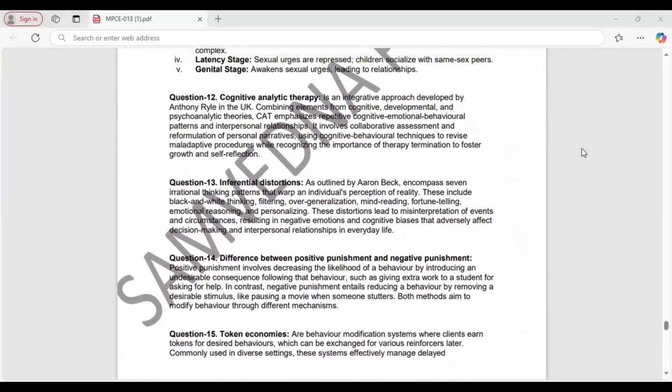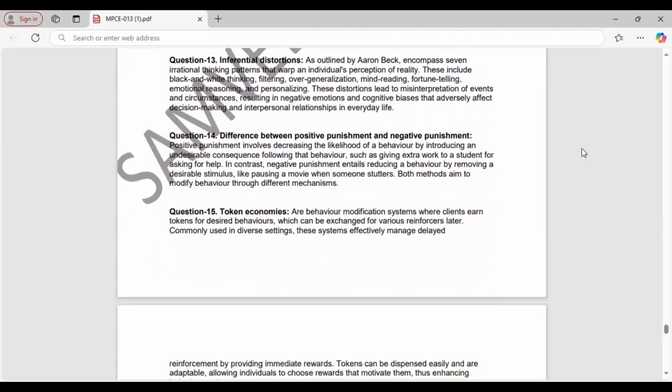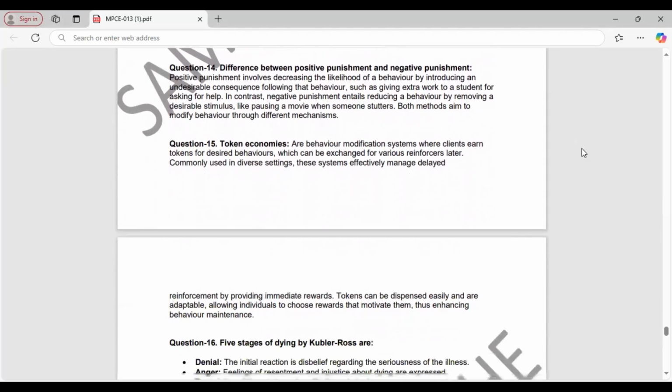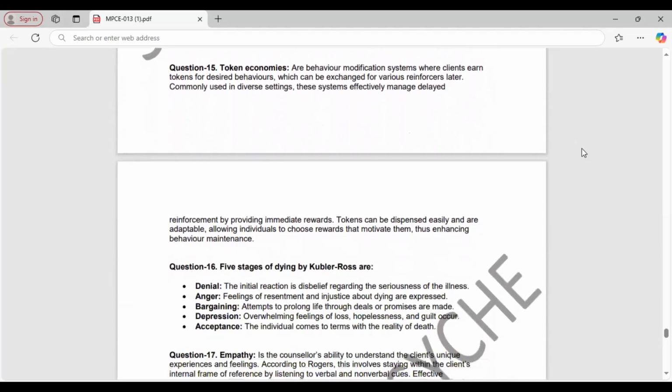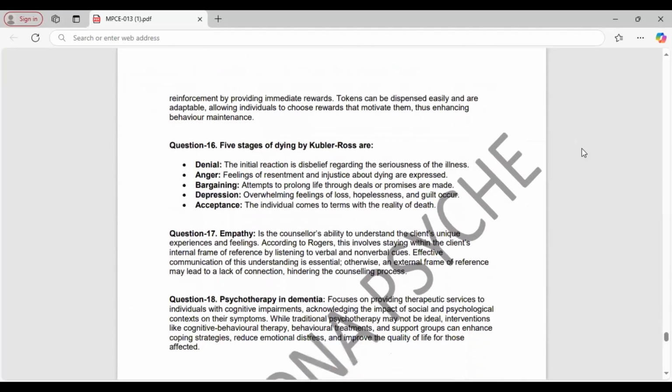Question 15. Token economies, a behavior modification system where tokens are earned for positive actions and later exchanged for rewards. Used in various settings, token economies provide immediate reinforcement, motivating behavior change by offering a choice of rewards.